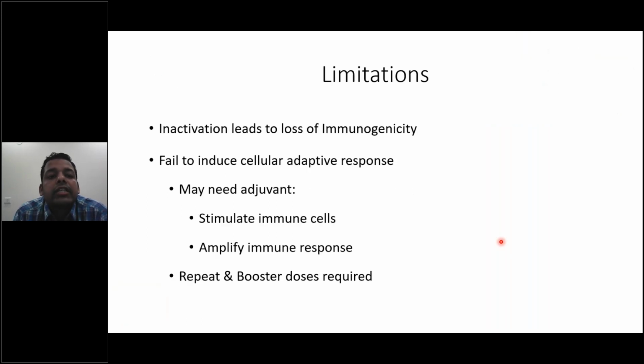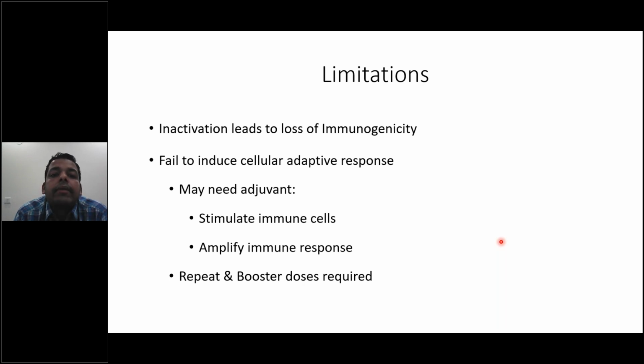The limitations of these vaccines are that since the virus is inactivated, it leads to a loss in immunogenicity also. So the vaccines may fail to induce a cellular adaptive response.